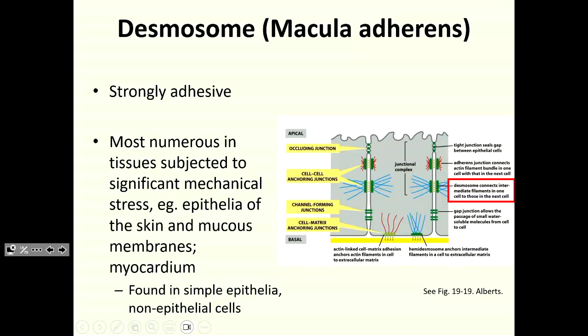This is putting mechanical stress on the walls constantly. When you're having a baby, those walls undergo significant mechanical stress. Defecation, significant mechanical stress. Blowing your nose even, right? So all of those cells in those epithelia, and even non-epithelial cells, are going to have these between them.